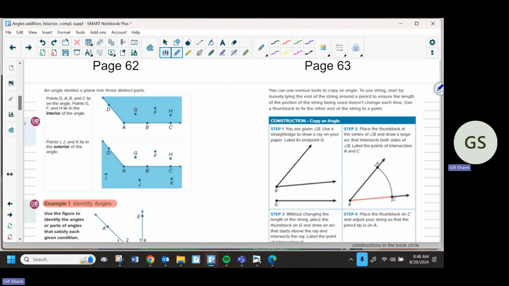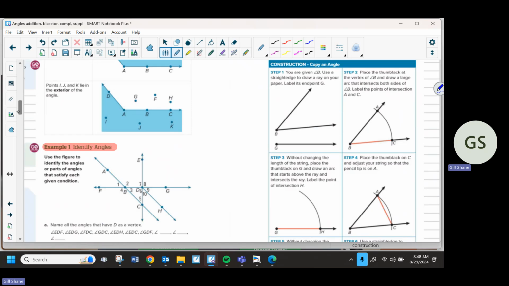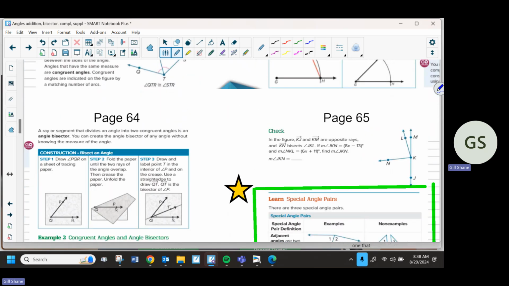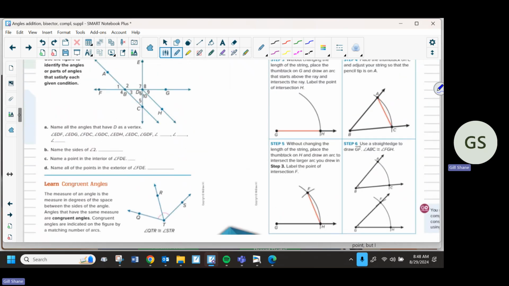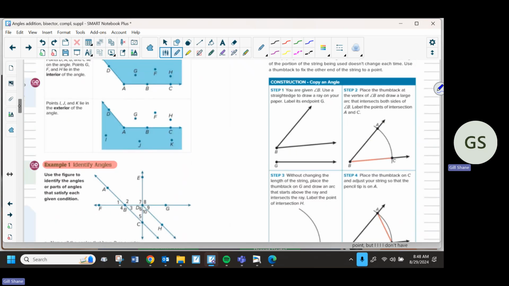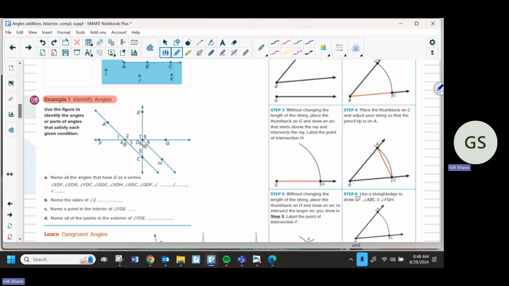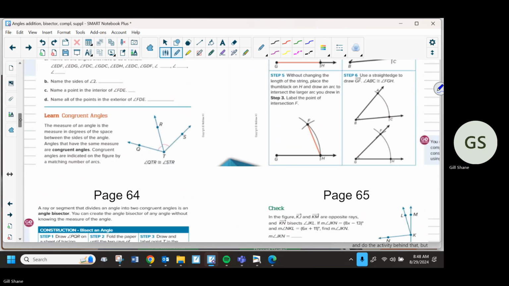Circle on page 63, just where it says construction, and then on 64, there's another one that says construction. I'm going to take just those two things and create something, probably one on the front, one on the back. We'll try to talk about it at some point, but we don't have time to go through the activity behind that.